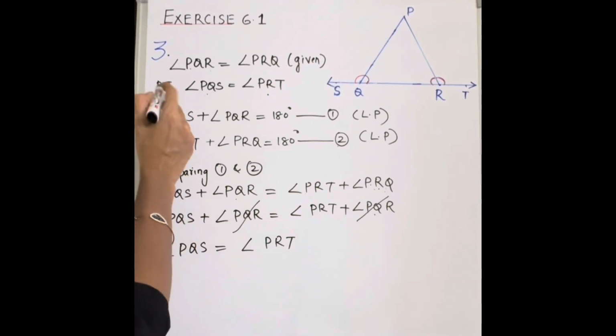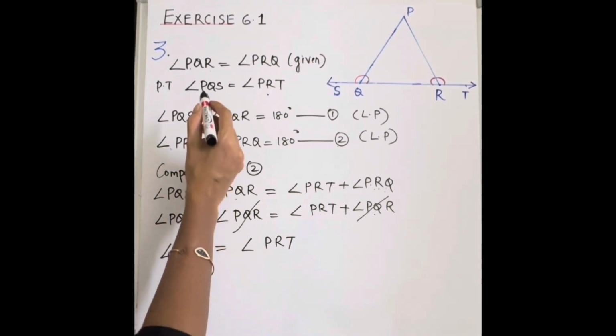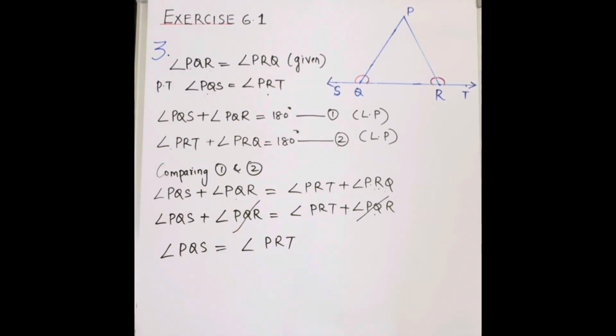Now look at the question. We are supposed to prove PQS is equal to PRT. So hence this has been solved. Hence this has been proved. It's been proved PQS is equal to PRT.